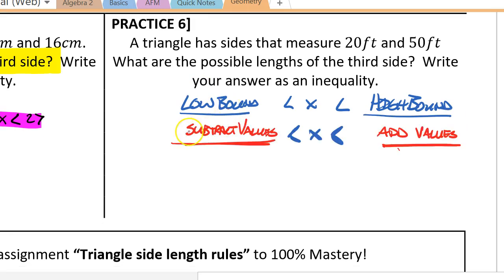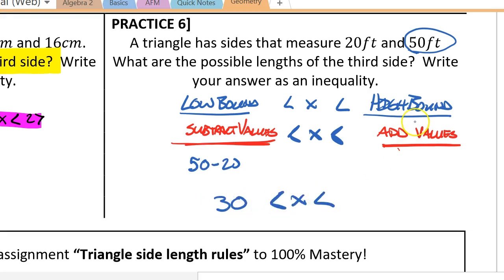For the low bound, we're going to subtract the values that we're given, and for the high bound, we're going to add the values we're given. So when I'm subtracting the values, I'm assuming that the biggest value given, so in this case 50, is in fact the largest side. So I would do 50 minus 20, which gives me a value of 30, would be my low bound.